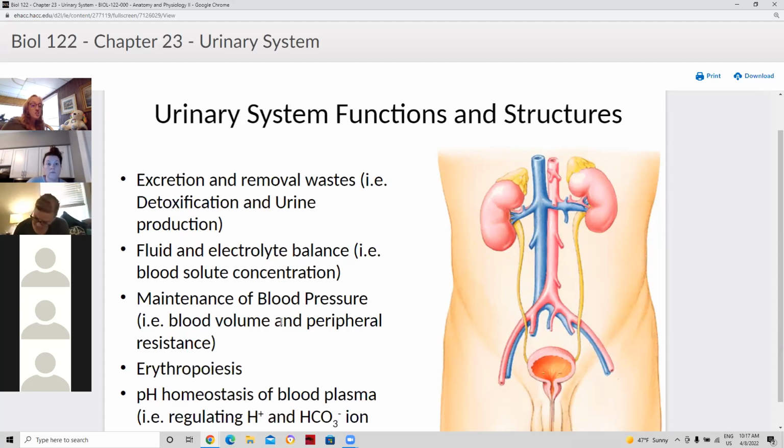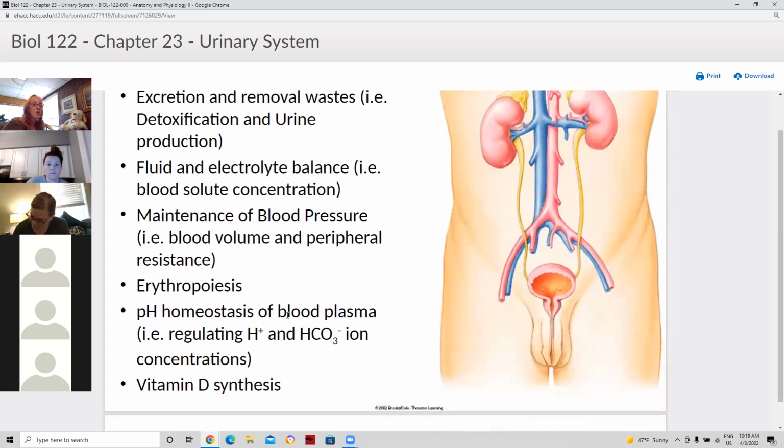Also, maintenance of blood pressure, so blood volume and peripheral resistance. Erythropoiesis. What's erythropoiesis?